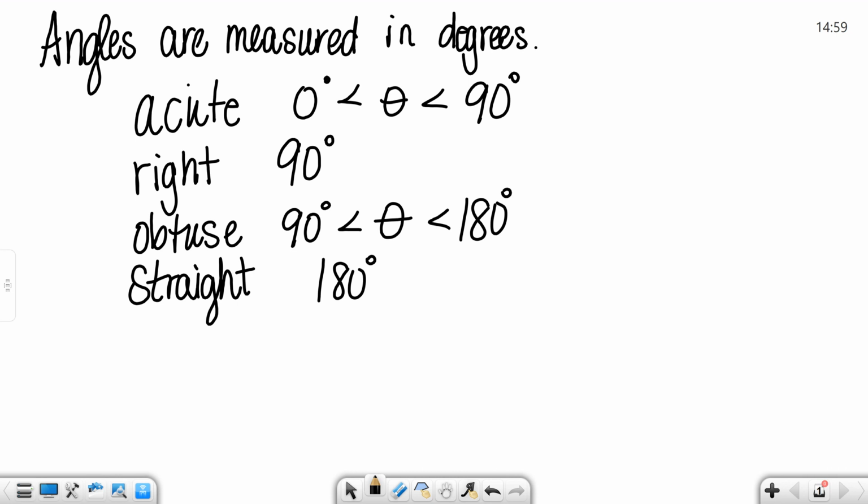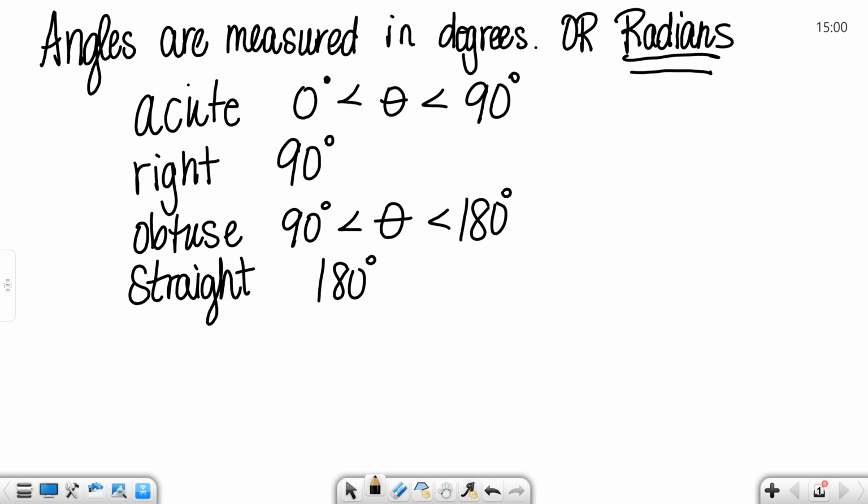Okay, so I mentioned the word radians. Let's talk about radians, because the other way that we can measure angles is in radians. So I'm going to add that up here. We can also measure angles in radians. Here's how we think about that.